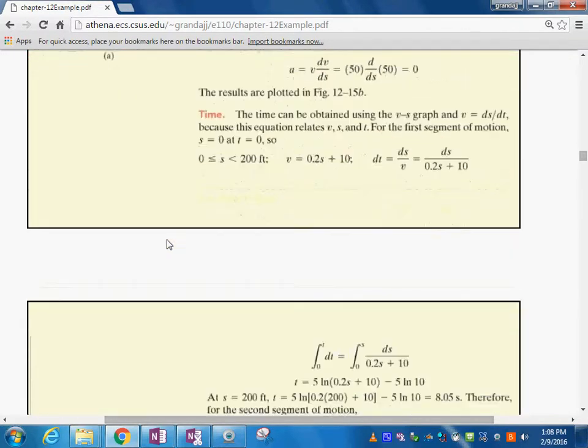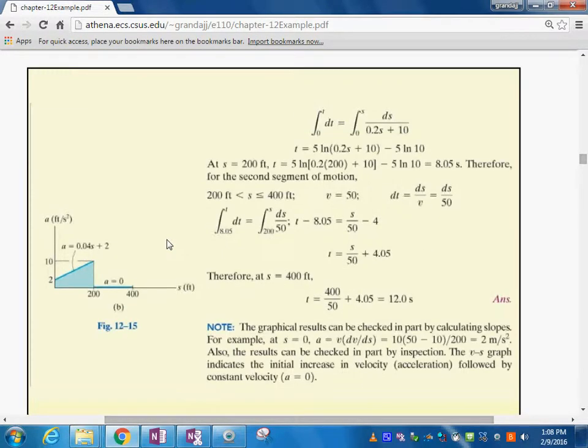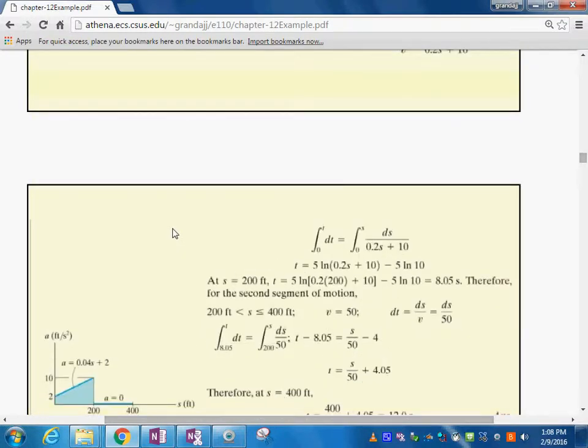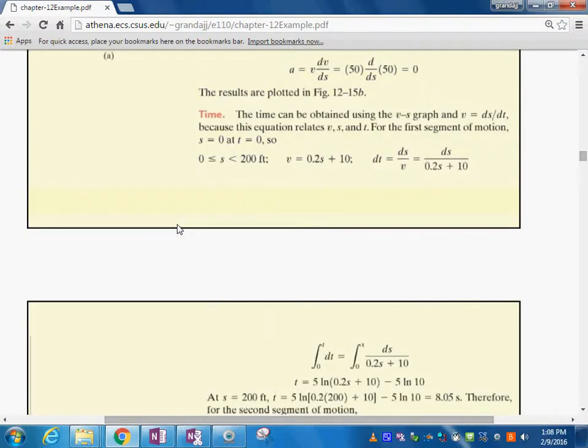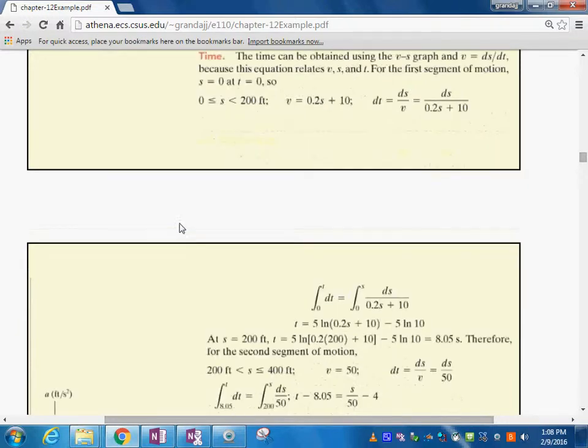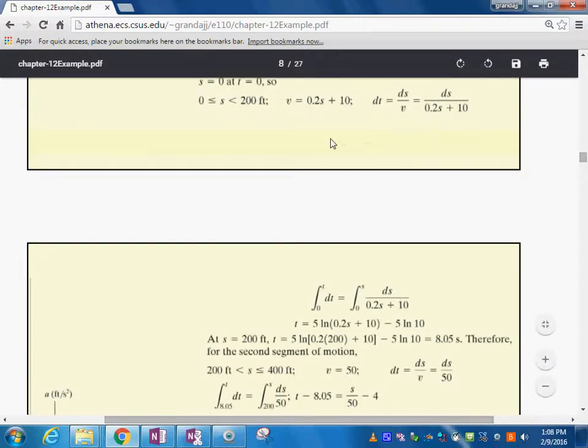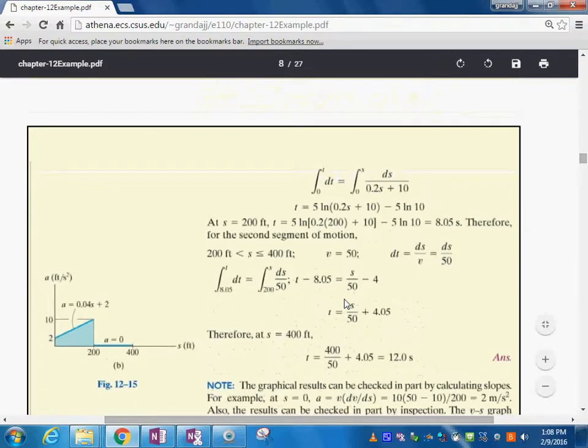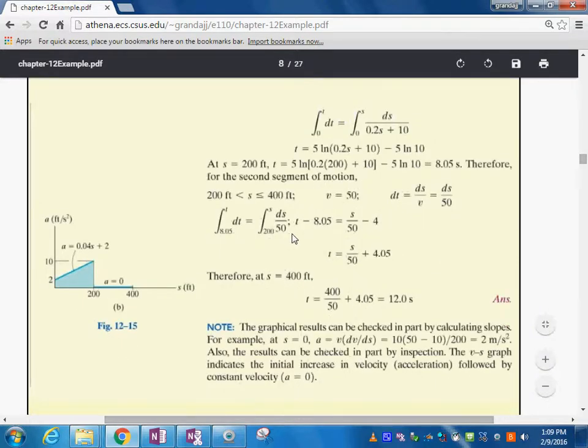Therefore, for the second segment of the motion, you have this, where v is 50, and if you integrate it in time, you should be able to come up with the answer that the time is going to be 12 times this. So this is the other thing.